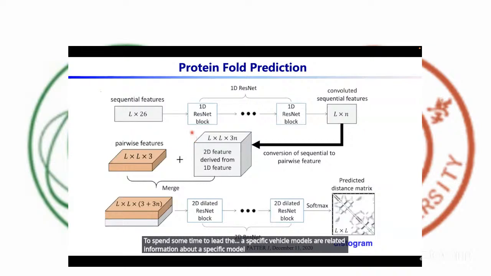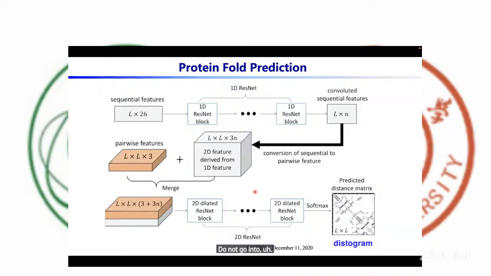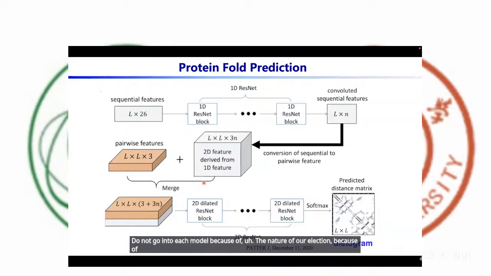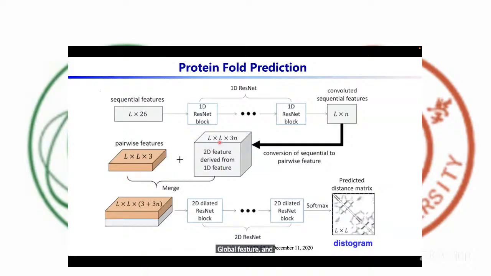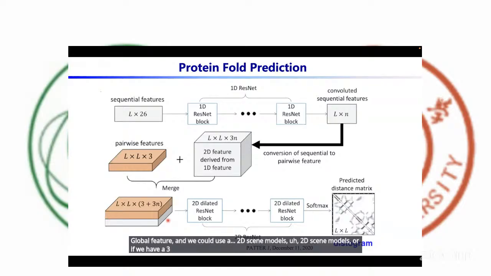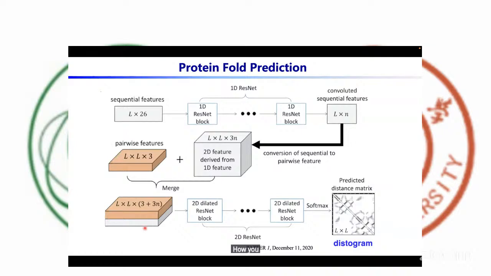Here we actually do not go into each model because of the nature of our lecture and because of the time constraint. Anyway, if we start with the pairwise global feature, we could use 2D CNN models, or if we have 3D, it can also be used, depending on how you treat each layer of the 2D matrix.